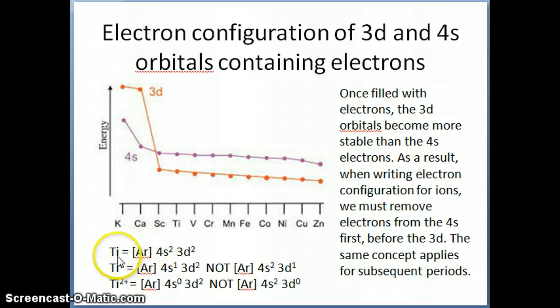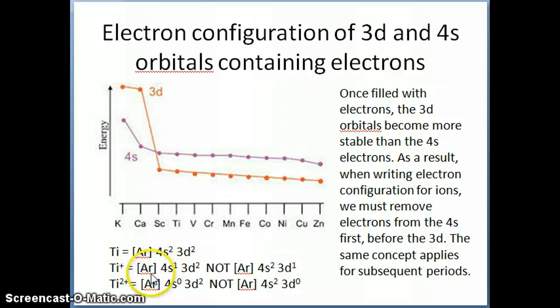Titanium is a transition metal element, and the atom itself has this configuration: argon, 4s2, and 3d2. Okay. When I write the titanium plus ion, which is one electron removed, you might have expected that you would write Ar 4s2 and 3d1, but actually that would be wrong, because as I said earlier, the 4s actually becomes less stable, so you have this on the outside, and 3d is more stable.